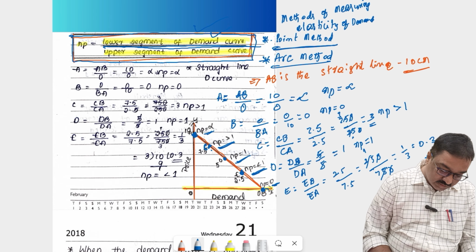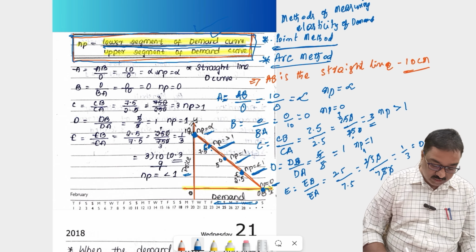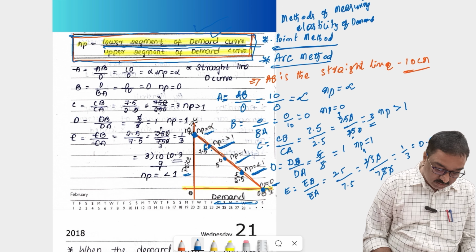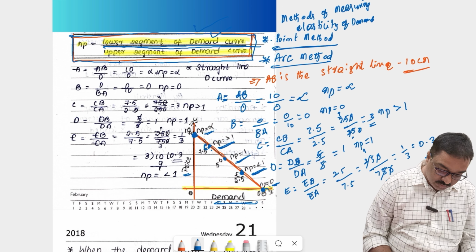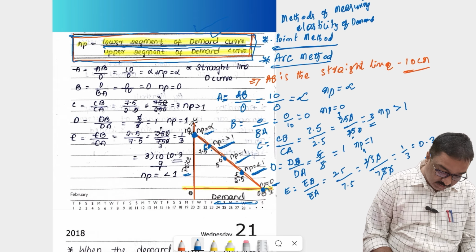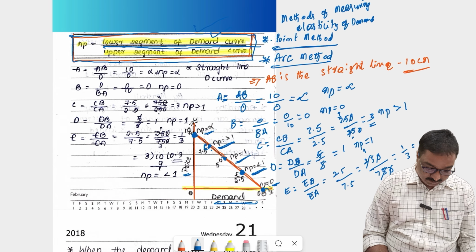On the x-axis I show the demand of the good, on the y-axis I show the price of the good. On the demand curve there are different points. This is the A point, this is the B point, this is the C point, this is the D point, this is the E point. At different points, there are different values we have to measure.